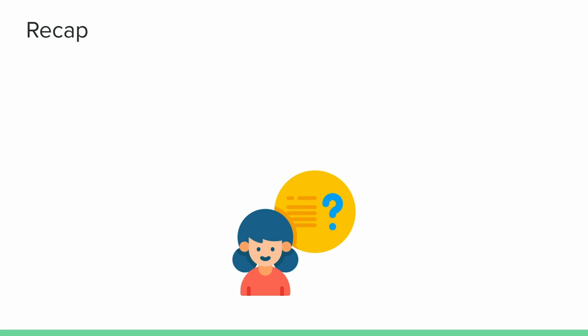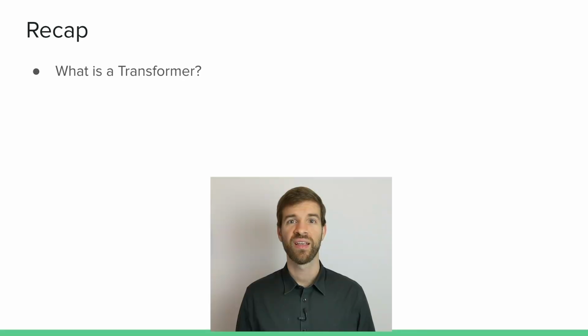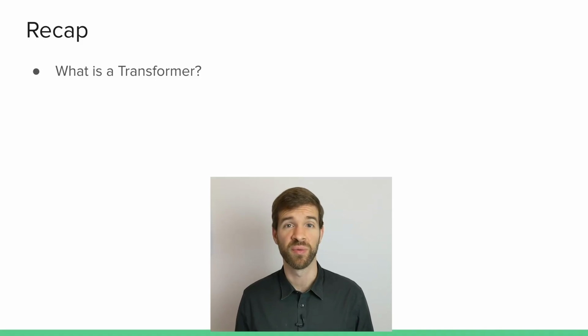But before we do that, let me quickly recap from last week's lecture. Last week we talked about transformers. So what is a transformer? A transformer basically is an encoder-decoder neural network that we can use for sequence processing in a similar way to how we used recurrent neural networks, with one benefit: a transformer does not have any recurrency in it.